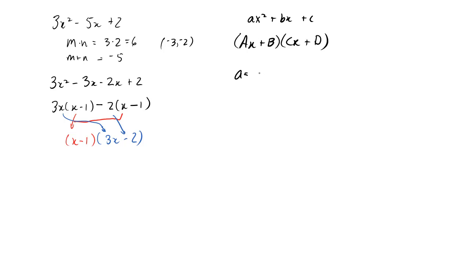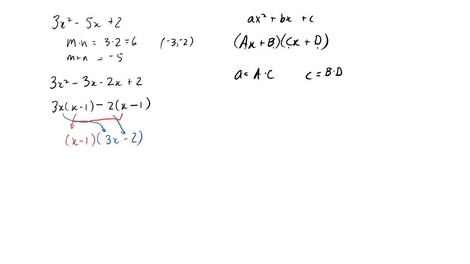Little a is equal to big A times big C. And c, little c, is equal to b times d. Oops, let's make that a little bit nicer. So I know the x squared term is the big A times the big C, and I know this term, the little c, does not have an x in it. It has to be the b times d. So that's where these come from.